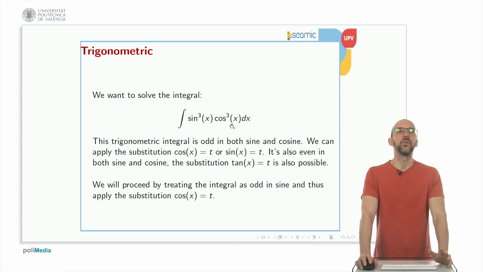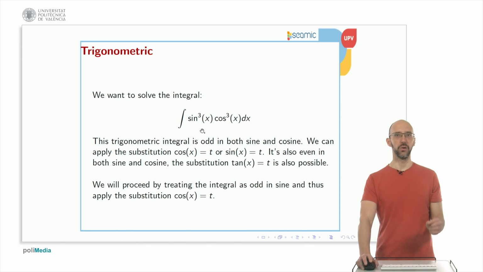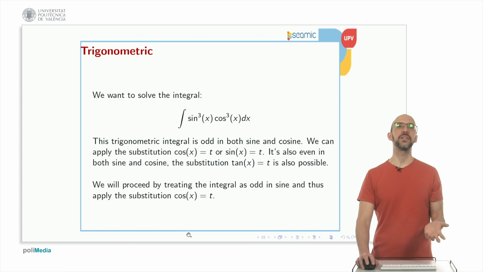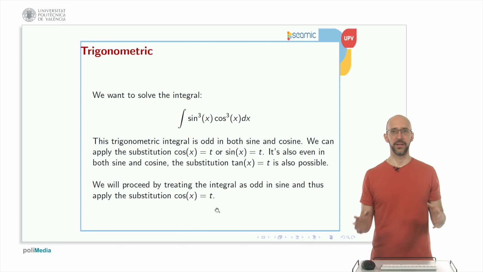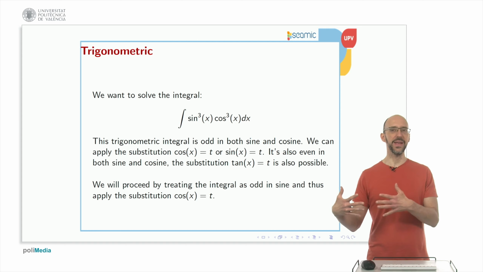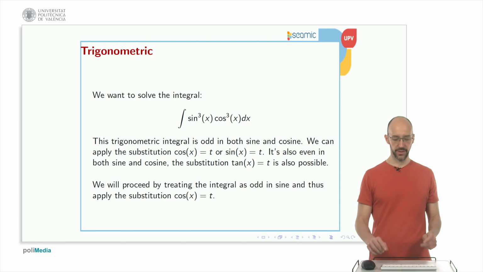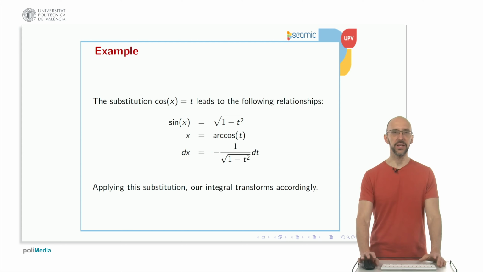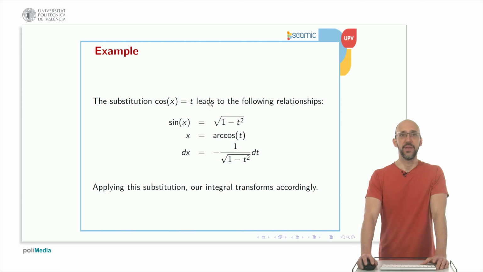We are going to focus on one. We are going to consider that the function is odd in sine, so the change is cosine of x equals t. There are many other changes, but the problem is that the integral you obtain at the end may not be so easy. If we focus on this change, cosine of x equals t, then sine of x becomes the square root of 1 minus t squared.